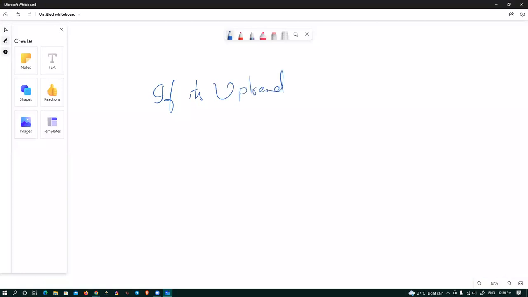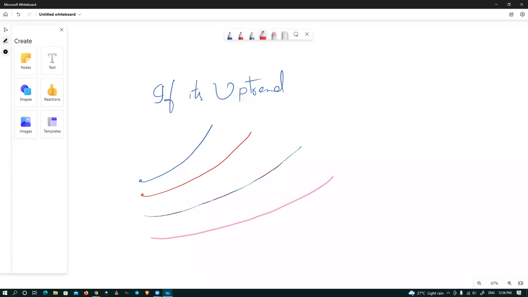If it's an uptrend, the lower moving average will be higher than the higher moving average. This is 20, this is 50, again this lower moving average will be higher than 100, and then it is 200.